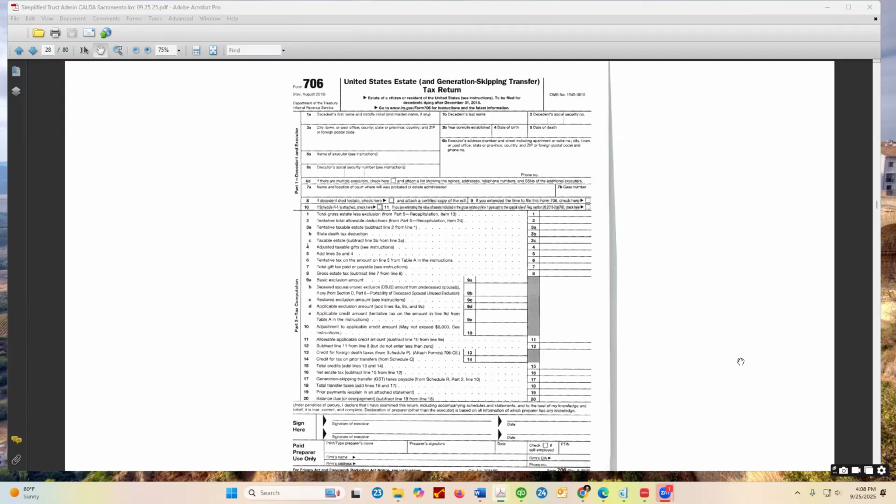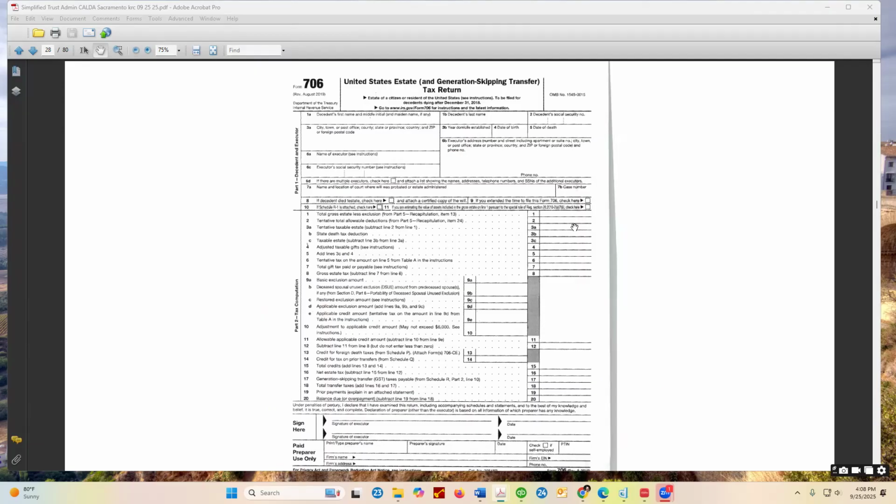This is an example of page 1 of the IRS Form 706, estate and trust, estate inheritance tax return. This part of it's pretty straightforward: the decedent's name, ID numbers, date of death.